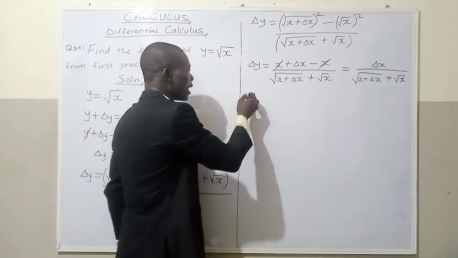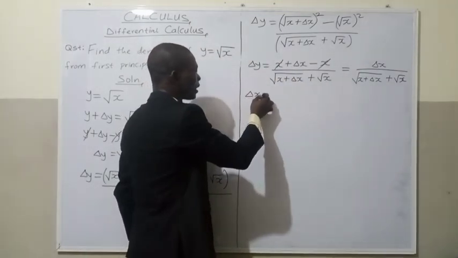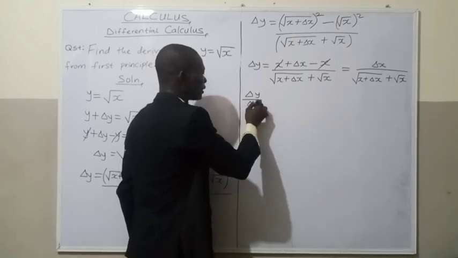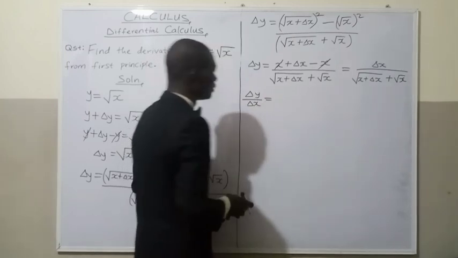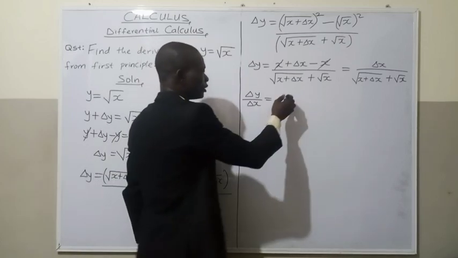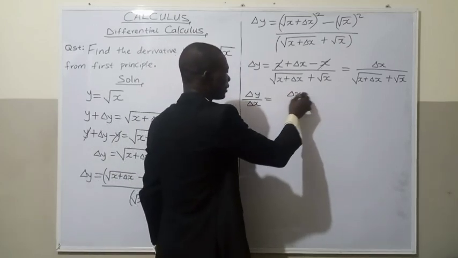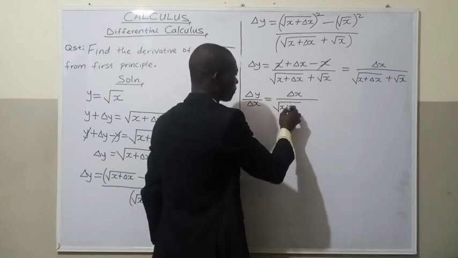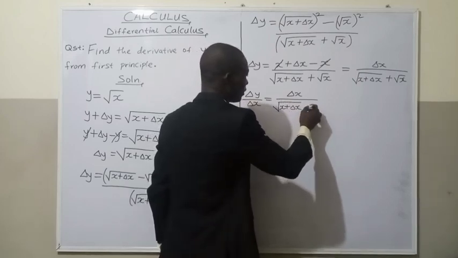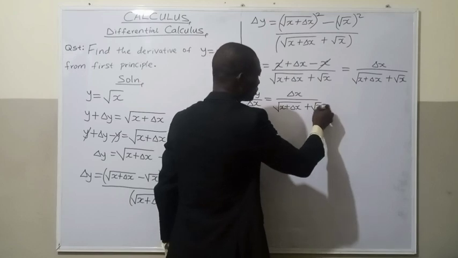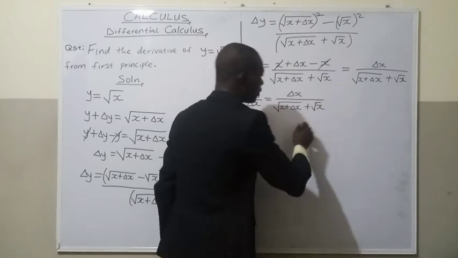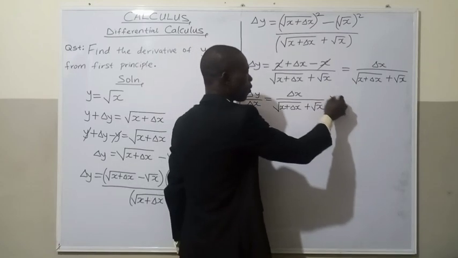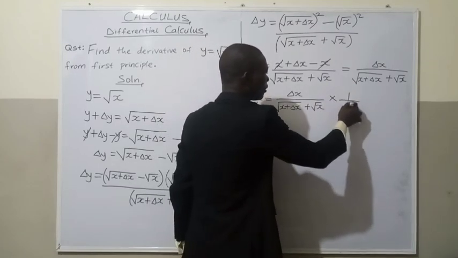So we have simplified it. So the next thing to do now is to have delta y over delta x. That's dividing through by delta x. And when we have that, it's going to be delta x over root of (x plus delta x) and then plus root x. Now, because it is to be divided by delta x, I'm going to multiply it by 1 over delta x.